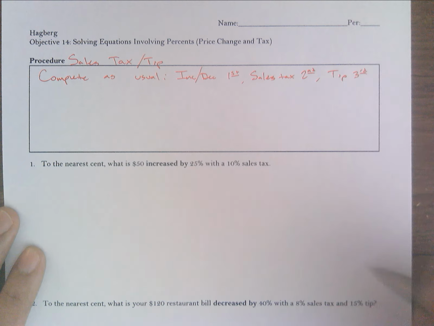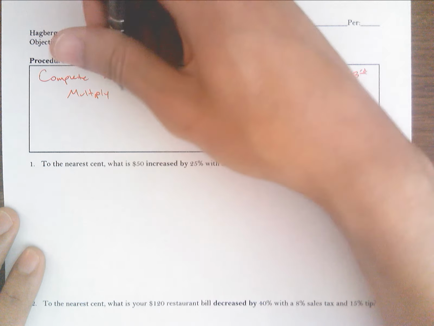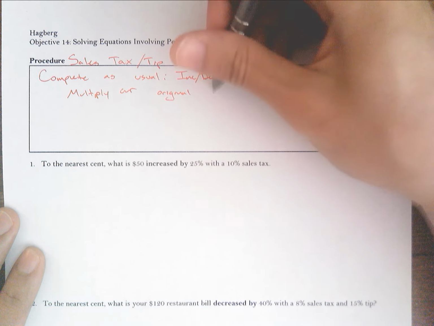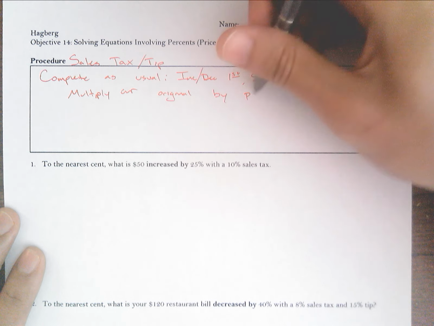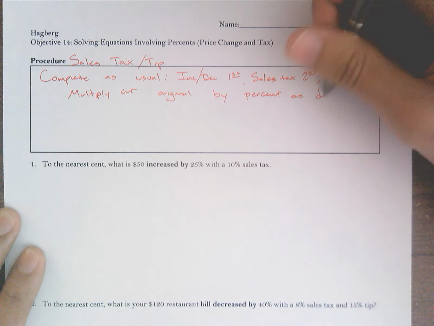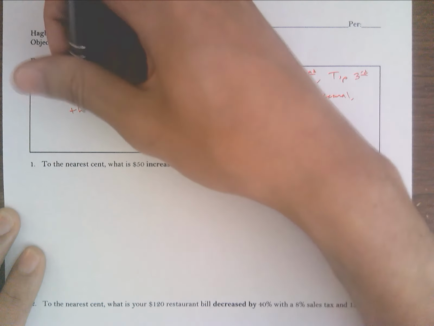In order to do this, remember, we multiply our original by the percent as a decimal, and then we add or subtract based on the problem.